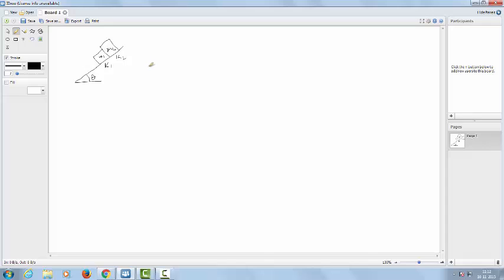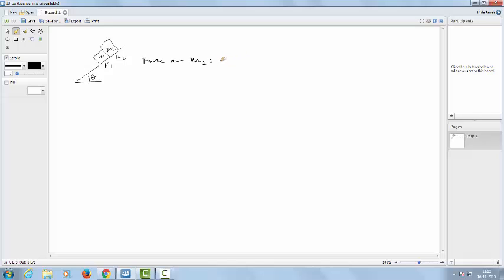Now, in order to solve this problem, let us write the forces on m2. The first force is the pull due to gravity, a component of which is working along the sloping surface.